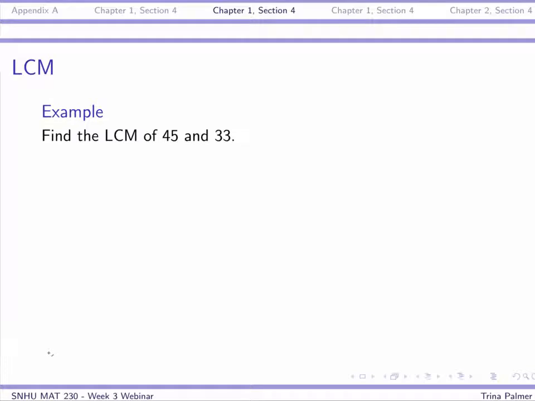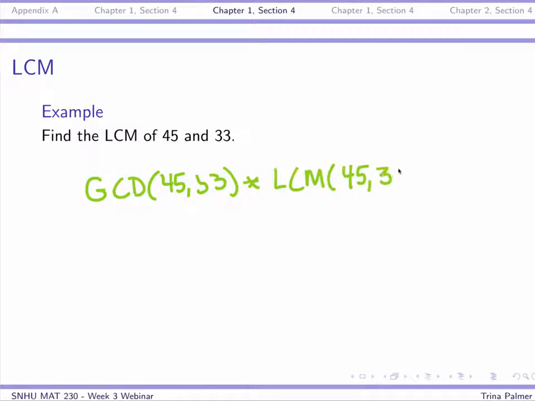So in terms of finding the LCM of the same two numbers, there are multiple ways to do it. The quickest way to do it is that the GCD of 45 and 33 times the LCM of 45 and 33 is equal to the product of 45 and 33.